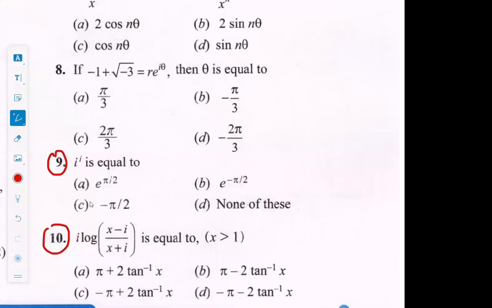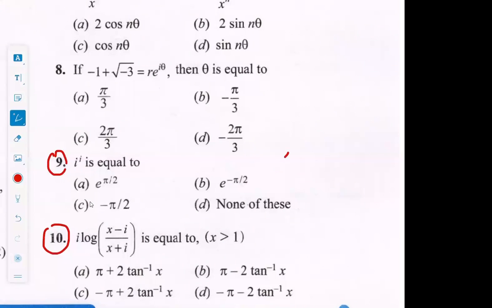If iota is visible in the power, then always use Euler form. Here, where is iota? Iota is in the base as well as in the power. So if you are seeing in any question iota in the power, then always express the base in terms of e.